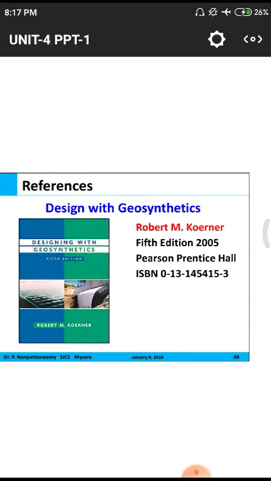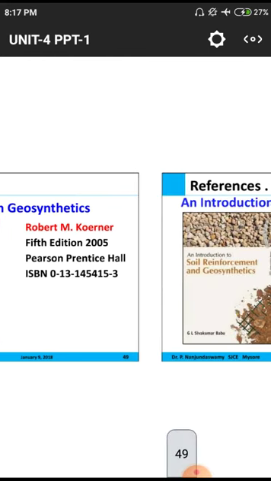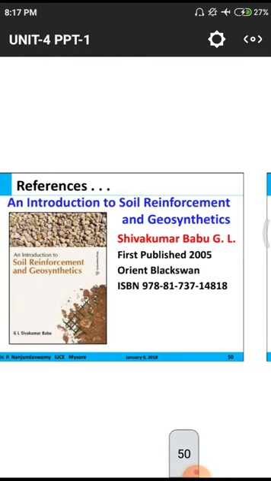What are the different aspects of geosynthetics? First, this person introduced the design of geosynthetics in various fields. This is an example book, and this is the main reference book for geosynthetics. It is also another example for observing these different rules and introduction to soil reinforcement and geosynthetics.